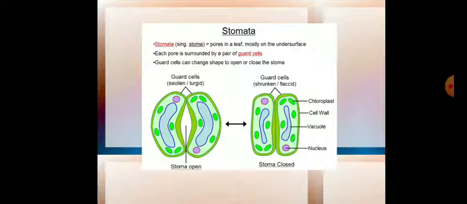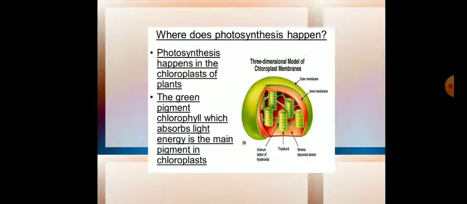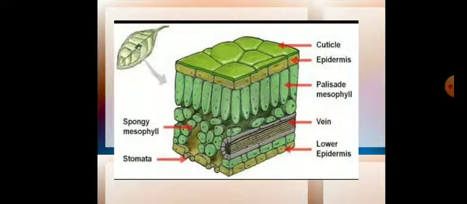Now, this is the TS, transverse section, of the leaf. So you can see a spongy mesophyll cell is here. It is in the lower region of the leaf.